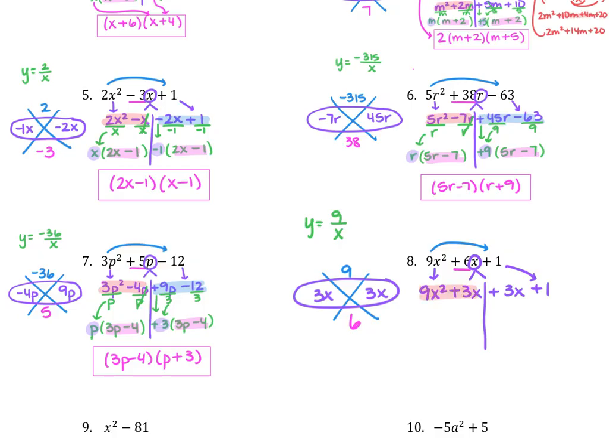I can see that these have a GCF of 3, but they also have an x in common. So I'm going to pull a GCF of 3x out, put that in front of my parentheses. 9x squared divided by 3x. Well, 9 divided by 3 is 3, and if I pull an x out of x squared, I'm left x.